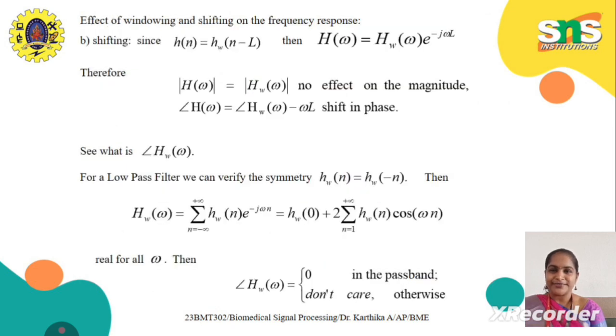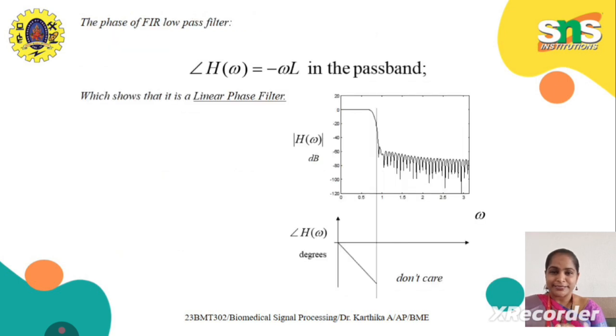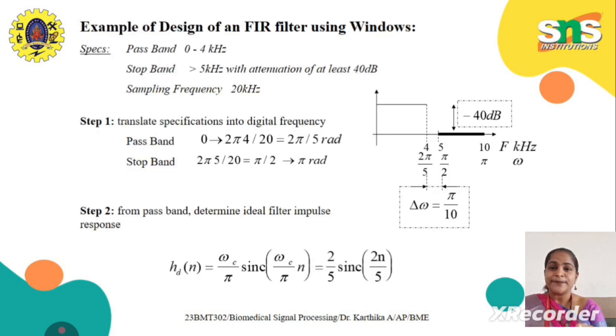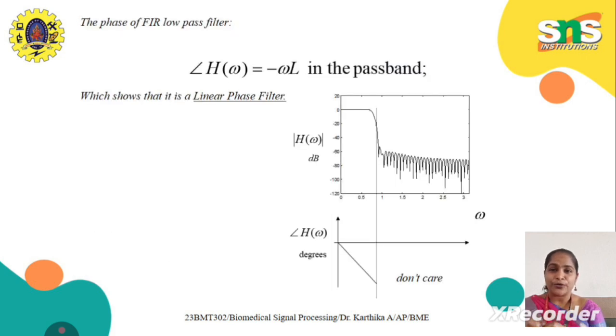See the output. Here, for the effect of windowing and shifting on the frequency response, we'll get the signal like this: the modulus of H of omega and the angle of H of omega. Here we have the angle in degrees, and after our limit, we have don't care conditions. See the output of our frequency in pass band.